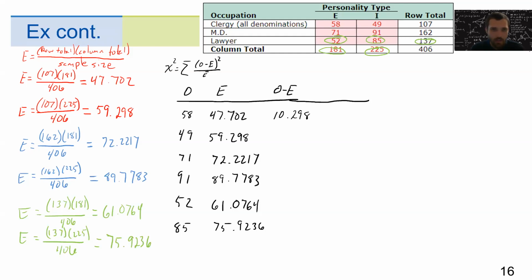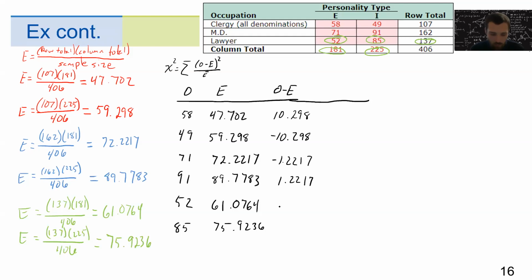Right here, I'm just doing 49 minus 59.298, and I'm going to get negative 10.298. When I do 71 minus 72.2217, I'm going to get negative 1.2217. When I do 91 minus 89.7783, I'm going to get 1.2217.